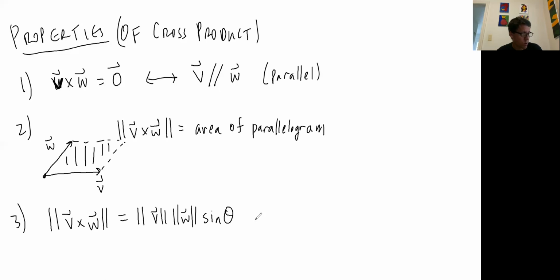Those are the main properties that you'll need to do the cross product. The rest is like looking at a bunch of examples, and maybe we'll do one more that has numbers in it, and then we can see if you have any questions about this stuff.